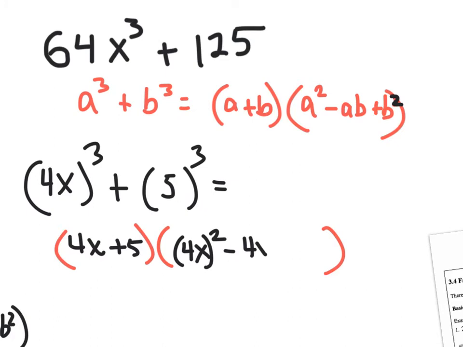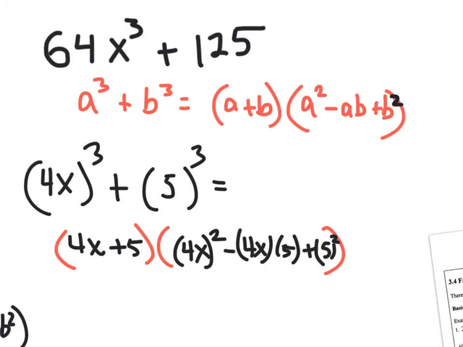I'm going to write it 4x times 5, okay? And last but not least, b squared, plus b squared is the last thing that I need on my formula. So let me go plus b squared, and what is b? It's 5, so I'm going to put 5 squared. I guess I could put it in parentheses, even though I don't really need it. 5 squared is going to be 25 at the end of it all.